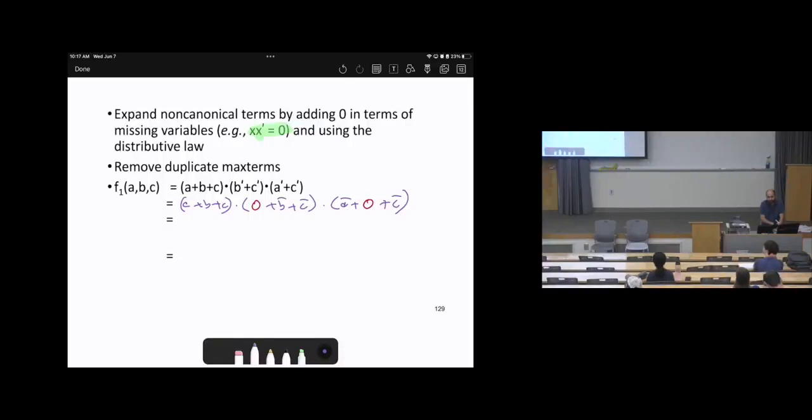Okay? Then we know that 0 is actually like A times A bar, and 0 is actually B times B bar. So we can substitute it here. So A plus B plus C times this 0, the missing variable is A, then we'll make it A bar plus B bar plus C bar.